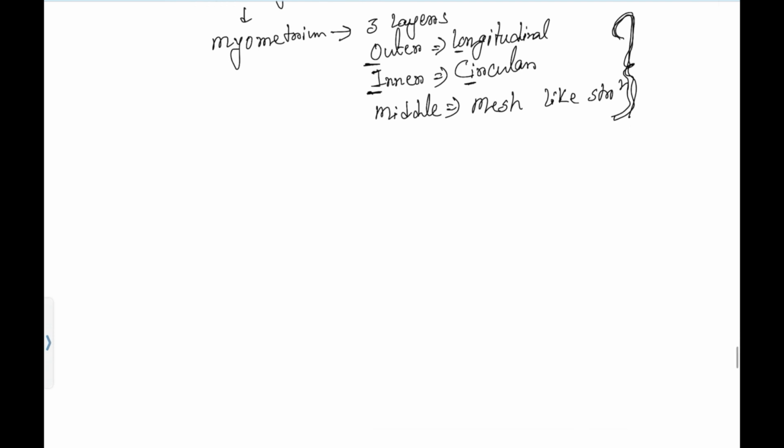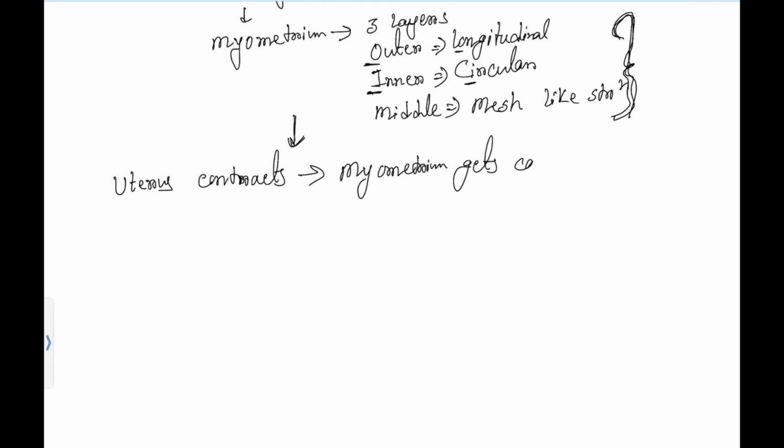So after the delivery of the baby, you have heard about PPH. Bleeding will be there from the uterus, and postpartum hemorrhage, PPH, chances are there. So when the delivery of the baby has happened, the uterus will contract. If the uterus contracts, then the myometrium also contracts, right?